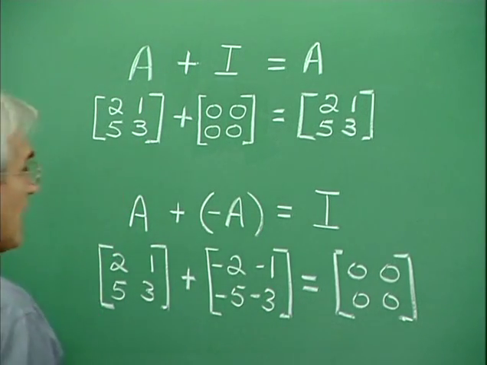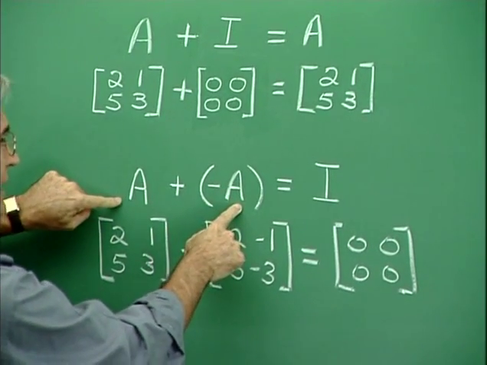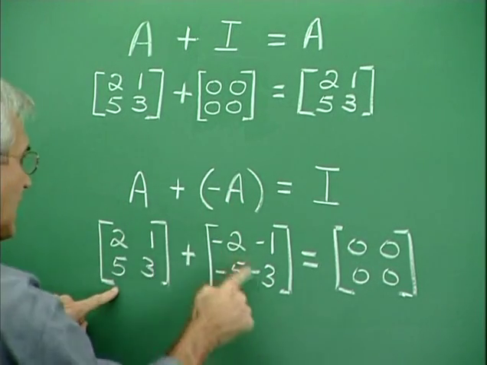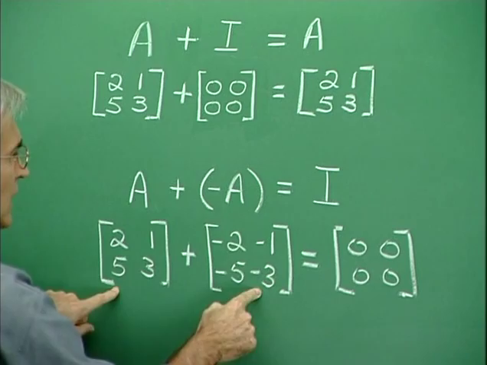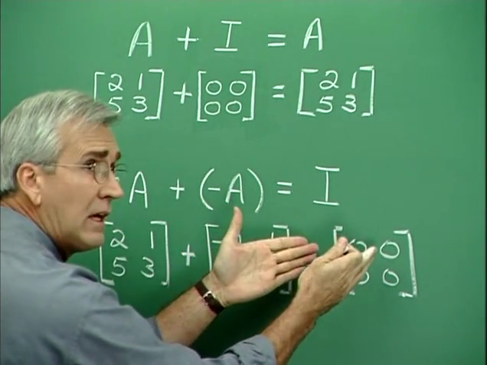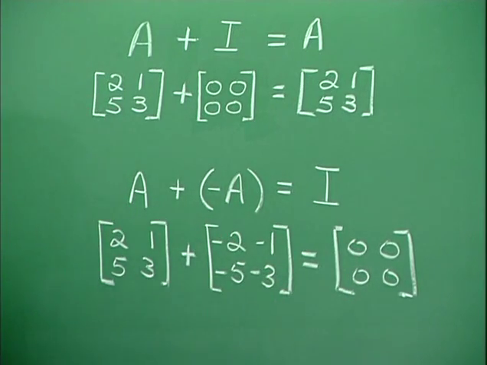No big deal. In a similar way, the additive inverse idea is that we take a matrix and just the opposite of all of these entries. So here's the inverse, because when we add those together we get the additive identity element, all the zeros in the respective positions in the matrix.